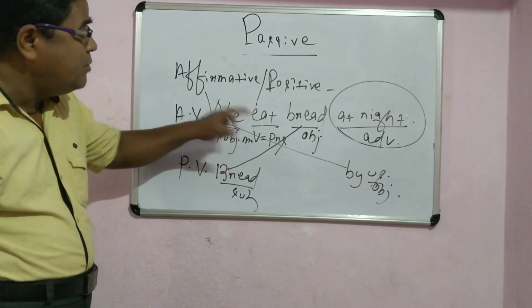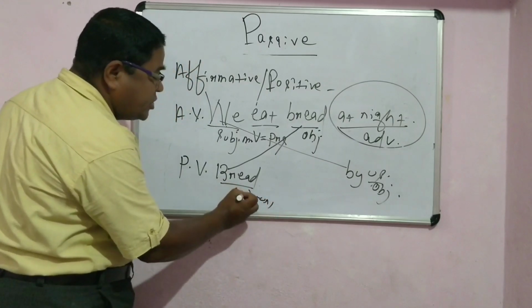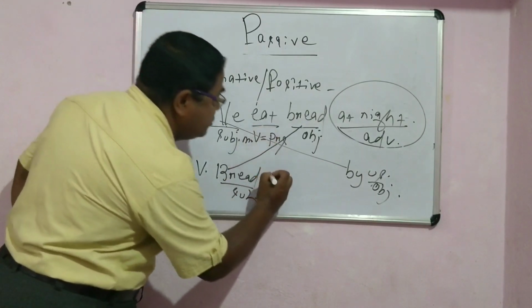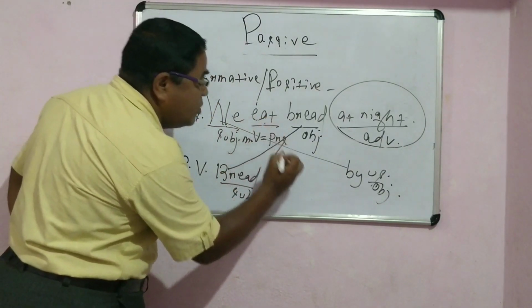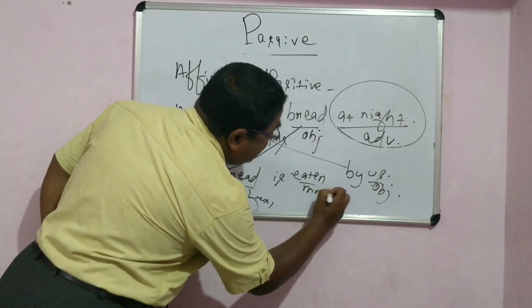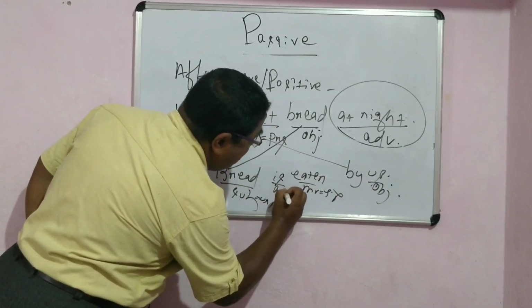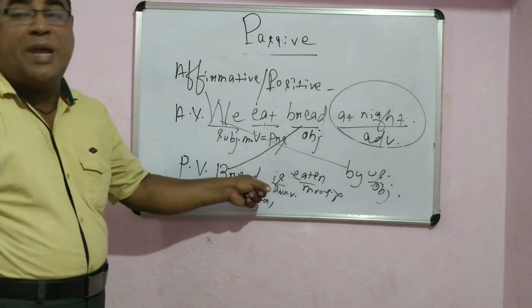Bread is the subject, an uncountable noun, so a singular verb is used. Then the past participle of eat is eaten. Eaten is the main verb or past participle, and here is is the auxiliary verb. Always remember your auxiliary verb comes just before the main verb.